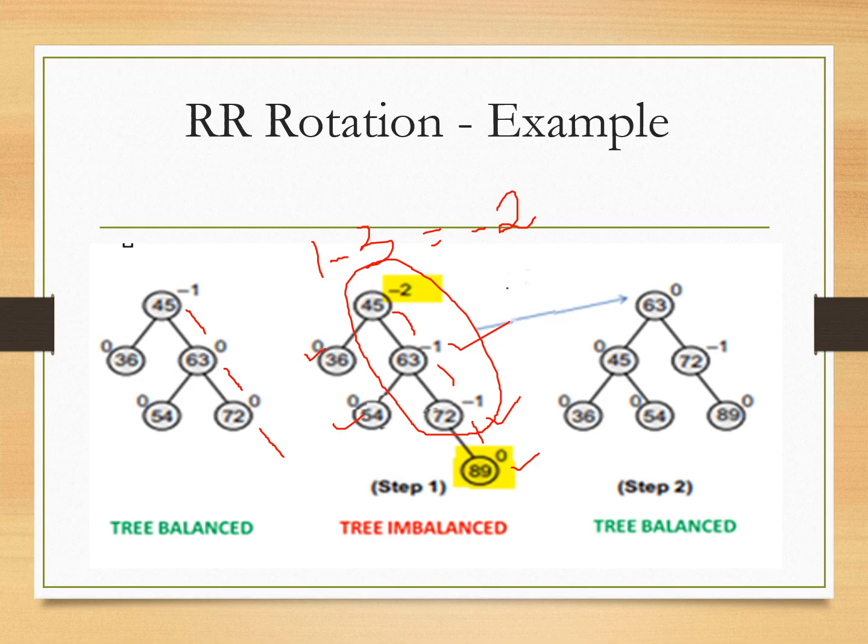Directly bring 45 to the left of 63. Since 54 is already there to the left of 63, you bring that 54 to the right of 45 so that the property of BST also holds. After this rotation, again you check the balancing factors.